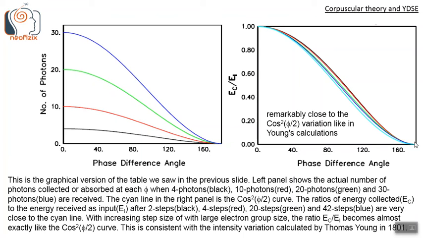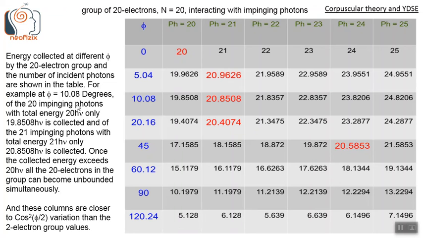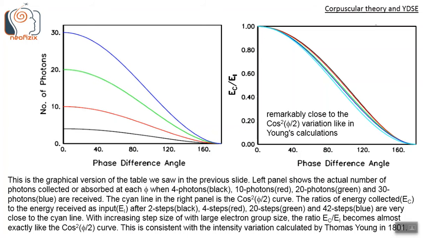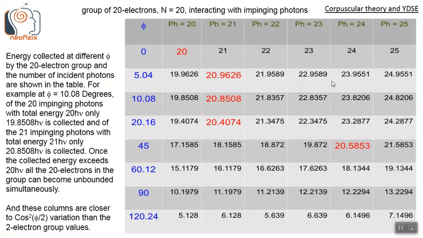So when the phase difference is 180 degrees, no photons, no energy is absorbed. So therefore the EC by EI ratio is 0. So whatever we calculated using our procedure is consistent with the experimental observation and the theoretical calculation done by Thomas Young in 1801.